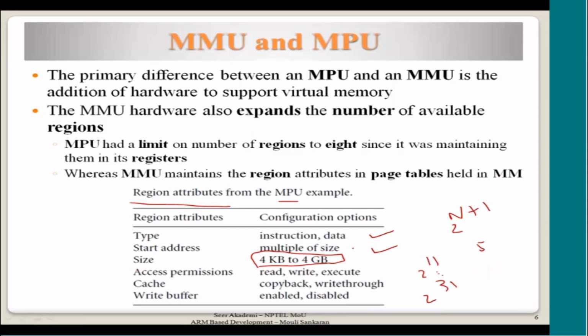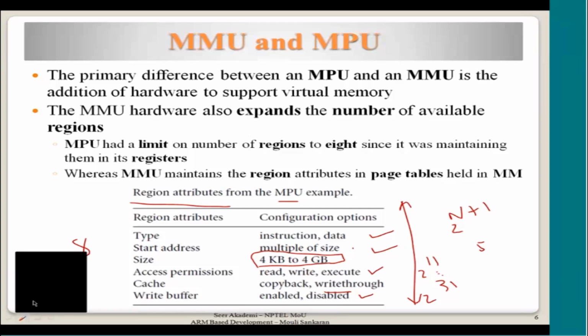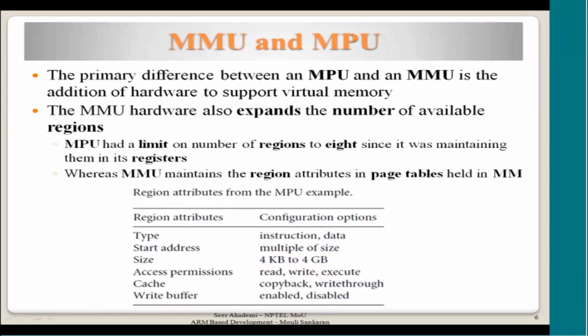Then we said access permissions can be read, write or no access, cache can be write back or copy back, and the write buffer can be enabled or disabled. So all these are possible. Now MPU had a limit of 8 regions, whereas in MMU we can have any number of entries. The maximum limit will be the maximum number of page table entries that can be supported in the system. That is much more than 8.